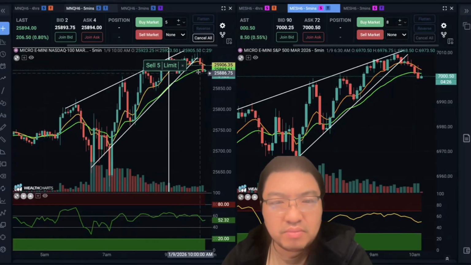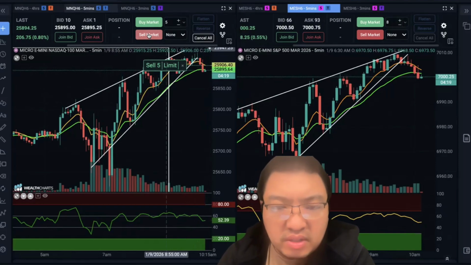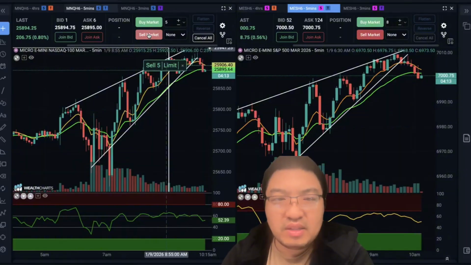Okay, some support becomes effective. If it creates a lower low at EMA 21, that means the EMA 21 is not effective. Then I'll do a market order, go short from there.